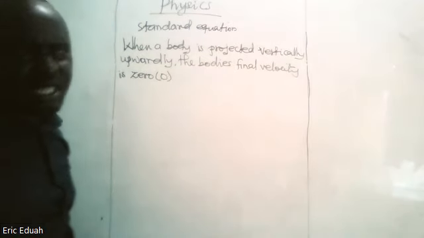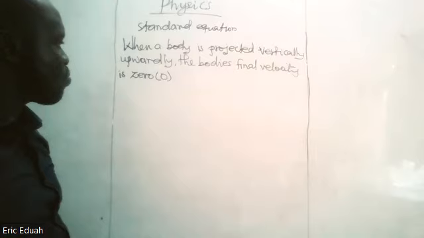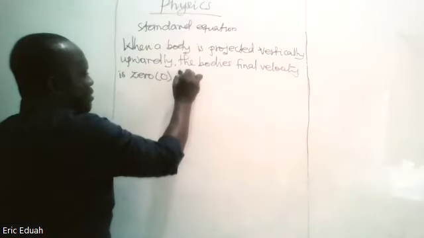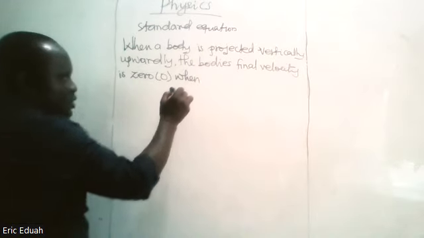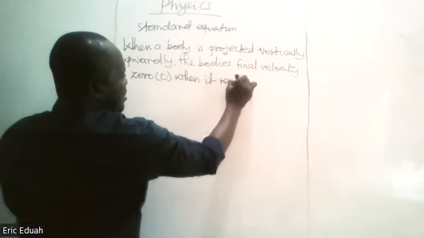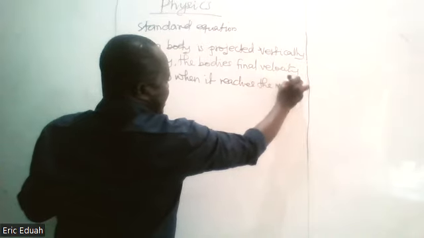On what condition is the body's final velocity equal to 0? When the body reaches its greatest height. Okay, when it reaches the maximum or the greatest height.